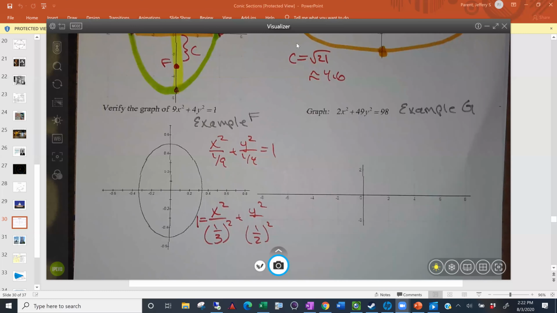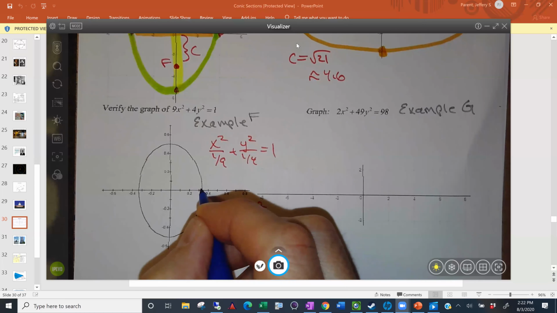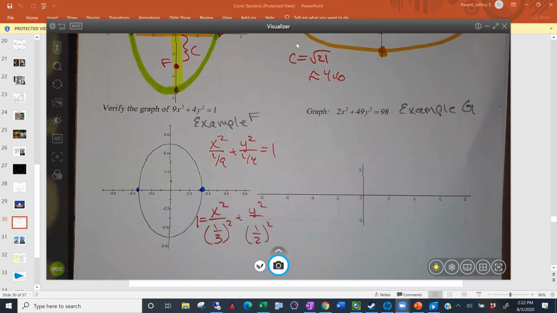Now let's just verify that the graph that I've drawn seems to make sense. How far would I move in the x direction to find vertices? I gave you this and said, all right, label the vertices in the x direction here and here. Yeah, 1/3. And you can see 1/3 is about 0.333.